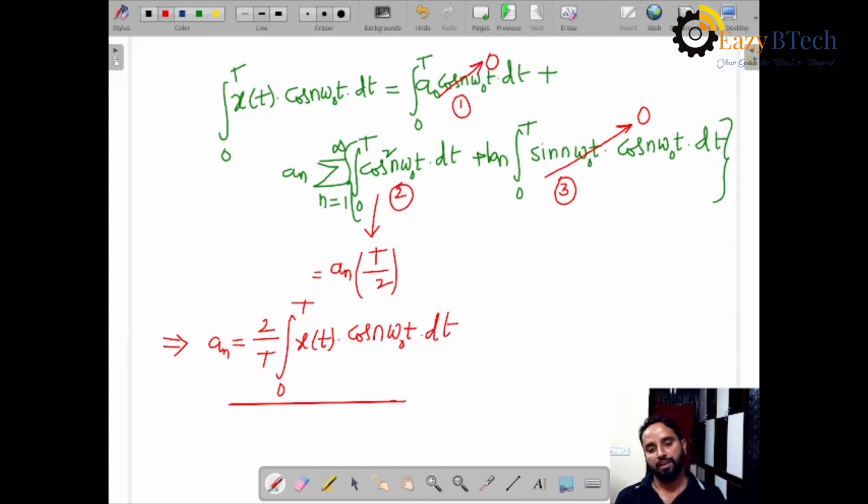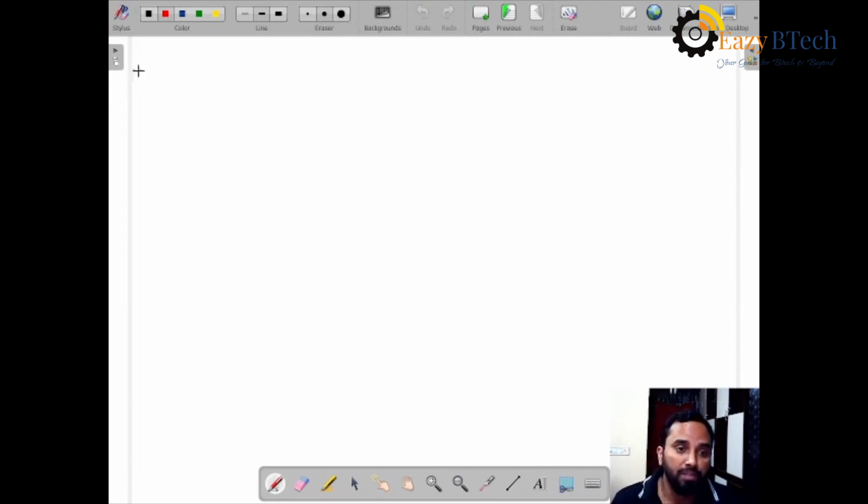This is the answer for an. Understand? We just multiplied both sides by cos n omega naught t and integrated with respect to t over limits 0 to T, then we get the an formula. Similarly, bn also we can do easily. To find bn now, how to get bn?